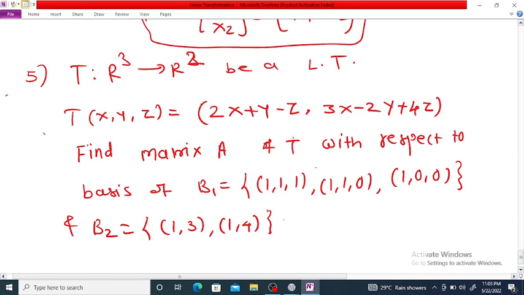These are the bases for R cube and R square respectively.